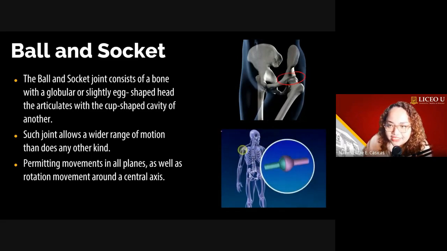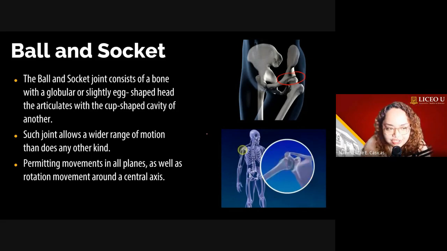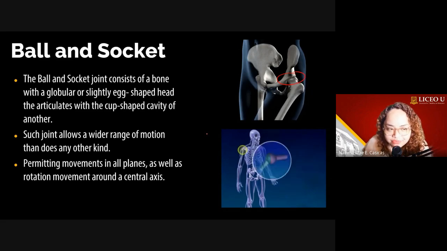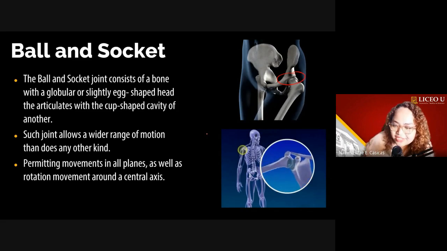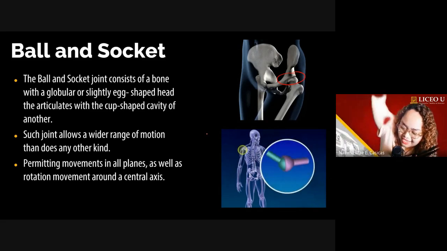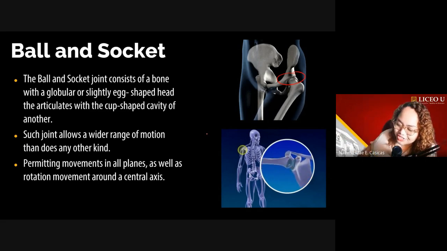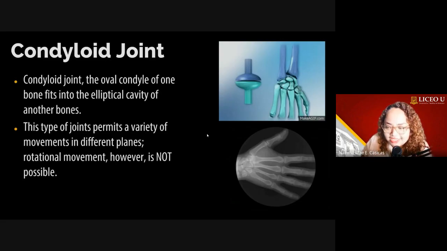That one right here. And also this one, the shoulder. This is a ball and socket joint. So these joints allow a wider range of motion than does any other kind. They permit movements in all planes as well as rotation movement around the central axis. So it can rotate, move up, down, side to side. It has a very large range of motion. So that is your ball and socket joint.